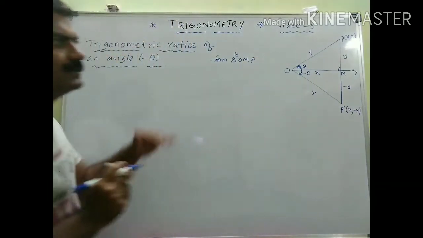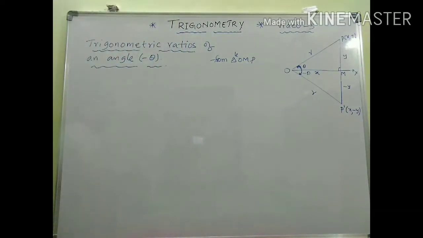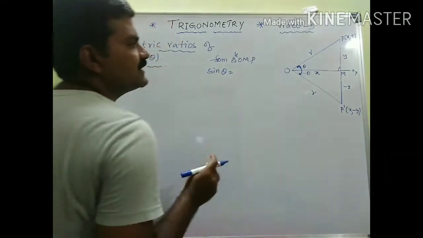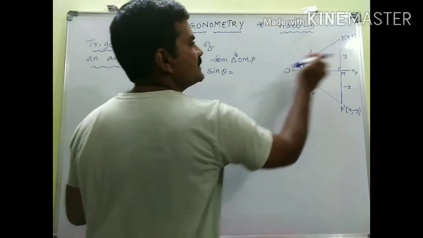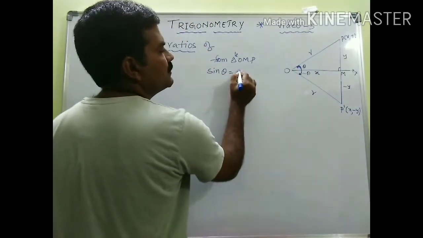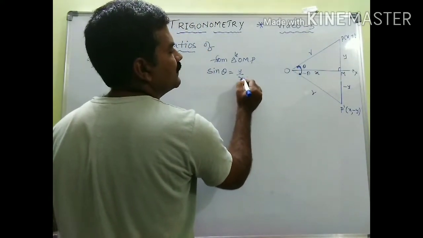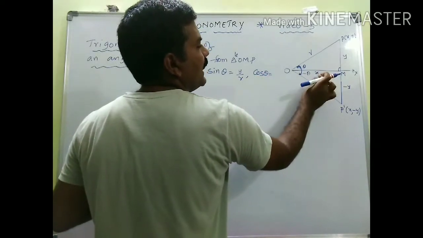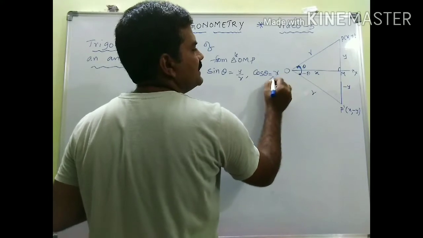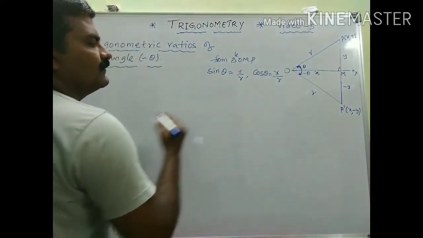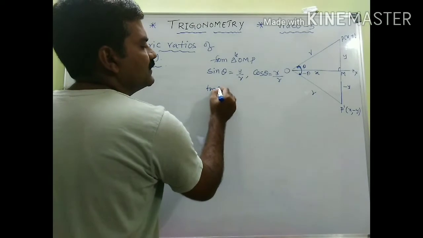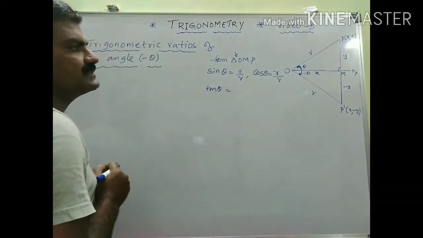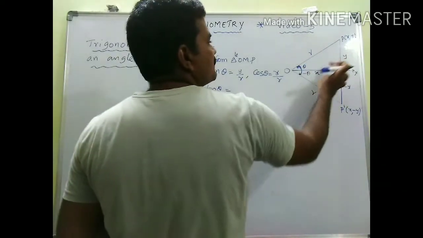Now let us discuss from the top triangle OMP. Can you tell me what is sine theta? Sine ratio is opposite by hypotenuse, which is y by r. And cos theta is adjacent by hypotenuse, that is x by r. Tan theta is sin theta by cos theta, where r gets cancelled, giving y by x, or opposite by adjacent.